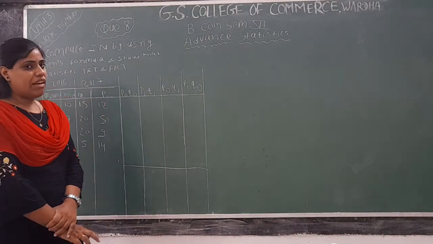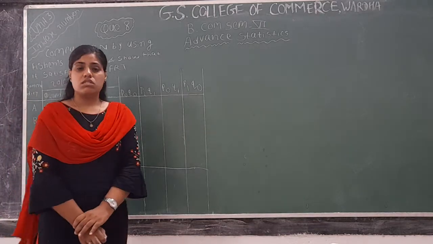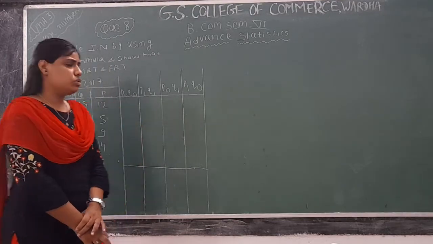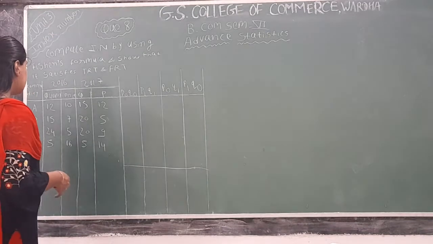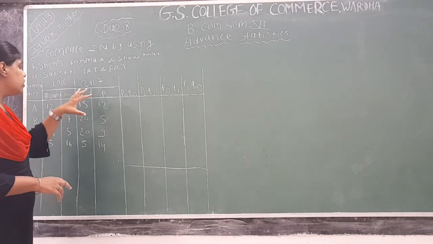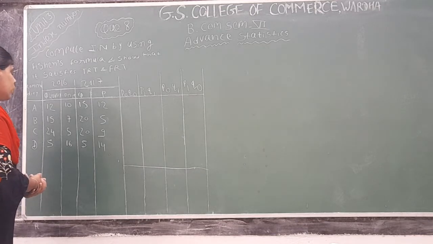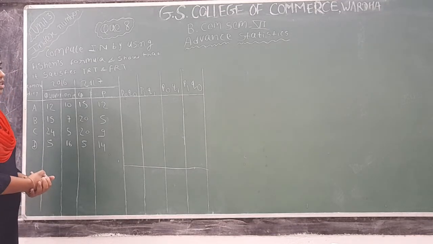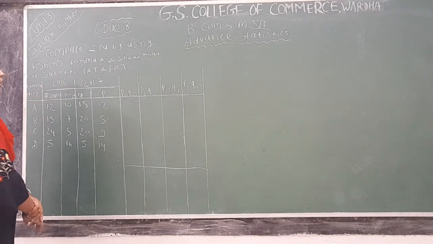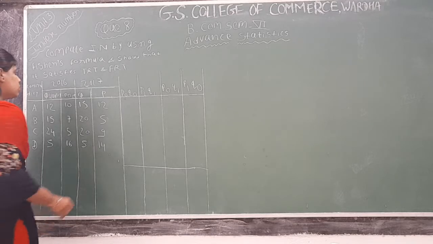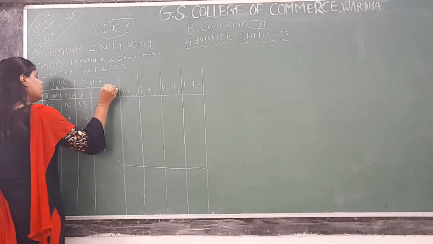Here we have been given a data and with the help of this data we have to compute the components which we have been asked in the question. Let's try to understand the data. We have been given the data of 2 years. We have been given 4 commodities and for 4 commodities we have been given quantity and prices for the year 2016 and for the year 2017. So here we will consider 2016 as our base year and 2017 as our current year.